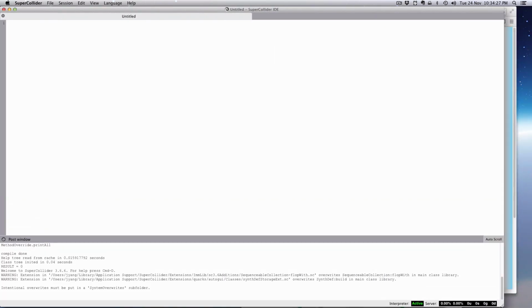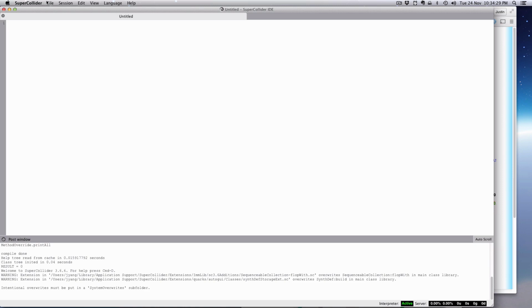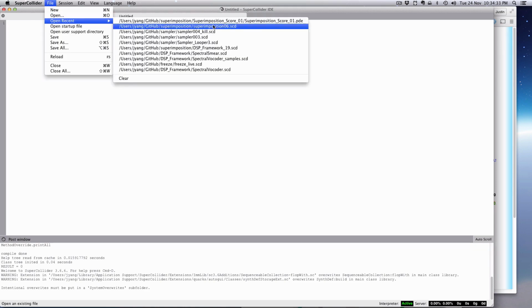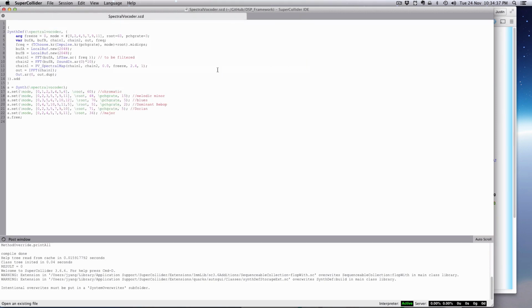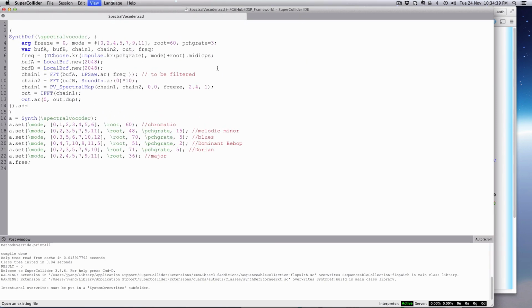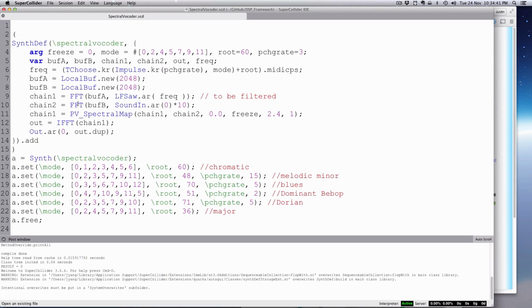I have a couple things prepared, and just to give you an idea of how it works out practically, we have something like this, a spectral vocoder. You'll notice now these PV objects, I think these are Josh Parmenter's, are fantastic, and phase vocoder, and I think they're in the SC3 plugins suite, so you just install that.